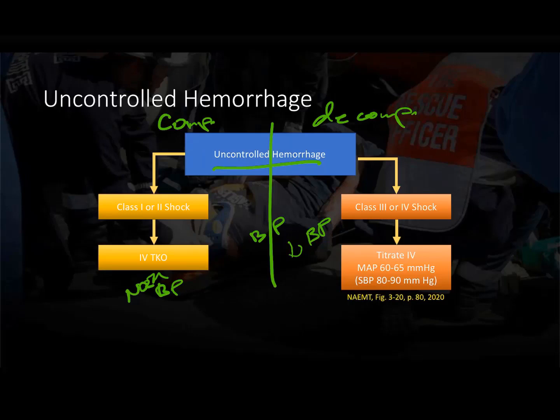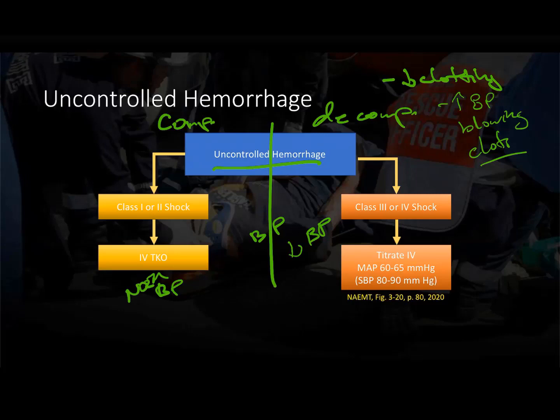Those negative consequences that we'd like to avoid will include decreasing the patient's clotting ability by diluting the bloodstream and increasing, unfortunately, the patient's pressure and blowing out or dislodging clots that have formed inside the body.